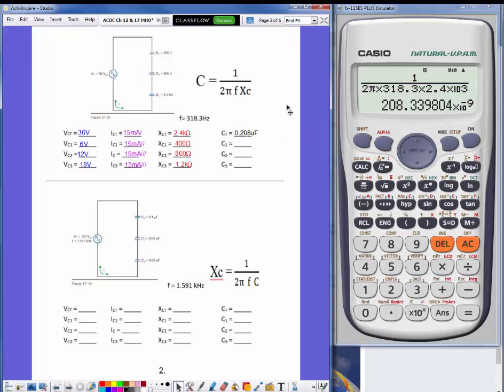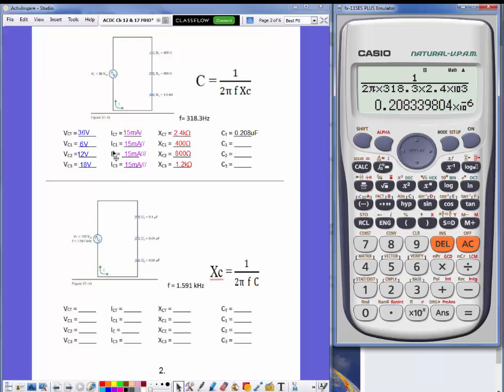Now my calculator in this case says nano, but in this particular set of problems we're always going to make our capacitive answers be in micro. So in order to make it go to micro, you have to hit shift engineering. If you hit shift engineering, it'll convert that number for you, giving you 208 microfarads.